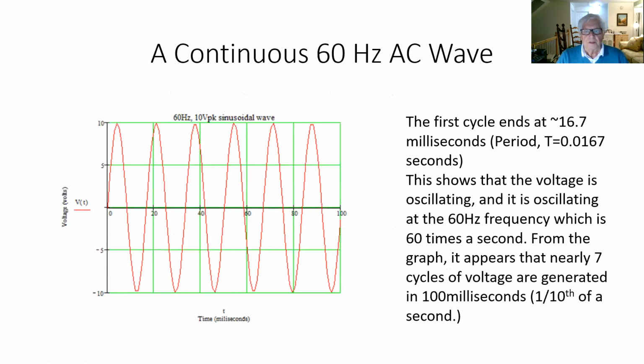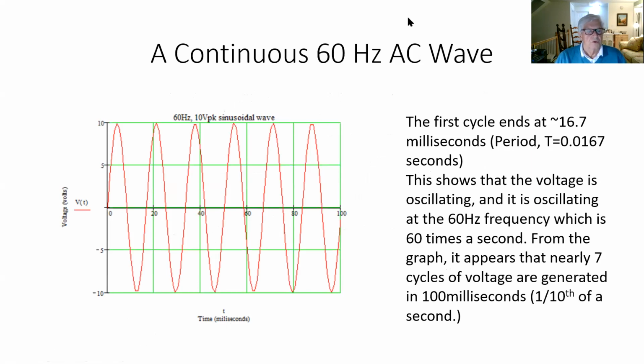So next we look at a typical, very common 60 hertz frequency wave. Basically 60 hertz is what we get out of our wall socket. And if we take only a 10 volt peak voltage out of that, that's what we get.